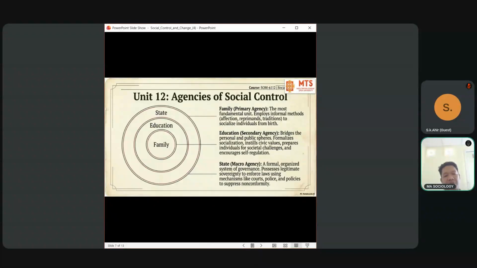Okay, so education is also known as the secondary agency. It bridges the personal and public spheres, formalizes socialization, instills civic values, prepares individuals for societal challenges, and encourages self-regulation. So education is the place where one comes to enlighten his thoughts and ideas from various sources, mainly from books, and from elders who are known as teachers, mentors, and principals, through their formal education, right?